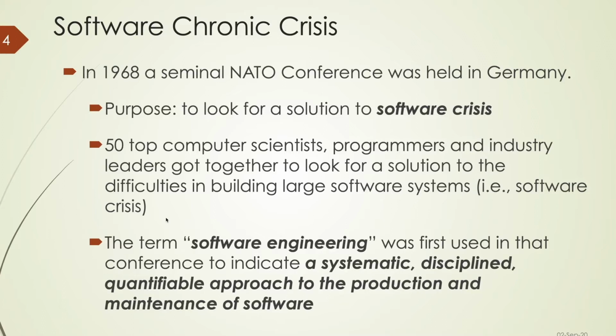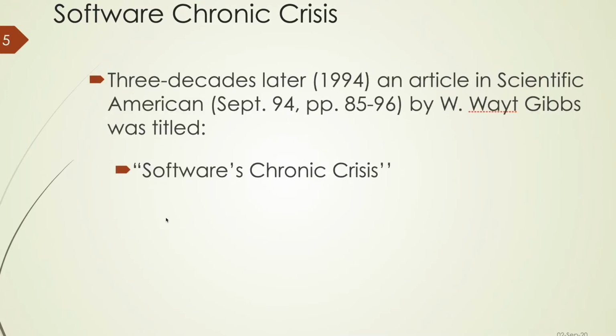Out of this came the term software engineering. Of course, engineering really is finding solutions to problems. So that definition came out of the NATO conference: it is a systematic, disciplined, quantifiable approach to the production and maintenance of software.